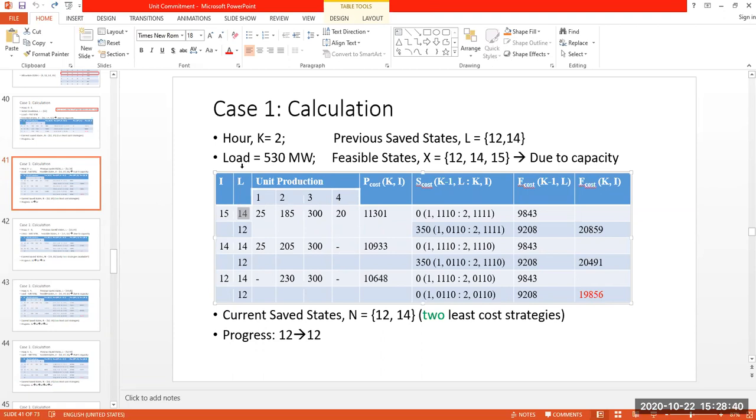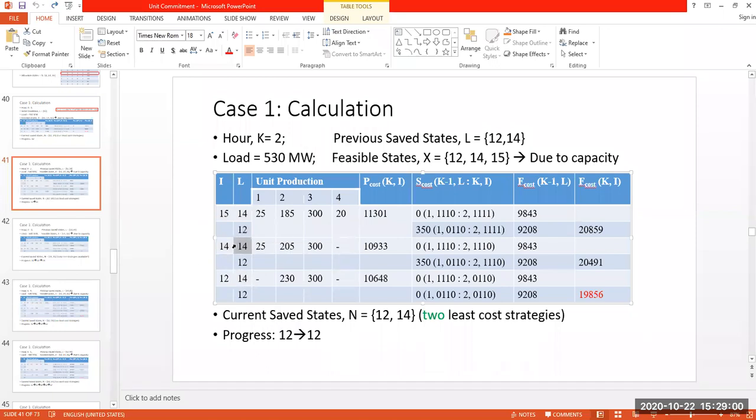Yes, sir, I think I'm catching on. The L value is coming from the previously saved state. If you did not save all these, let's say you did not save 14, because you only saved 12, so you have only one choice, 12 to 12.